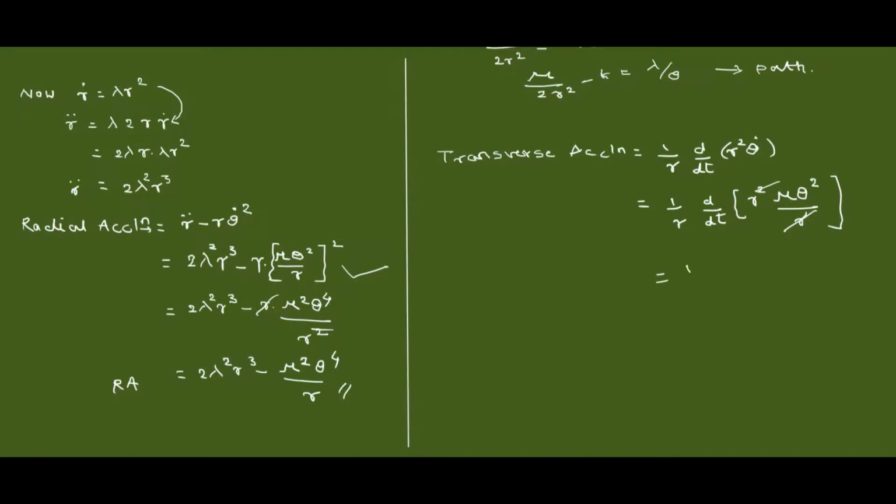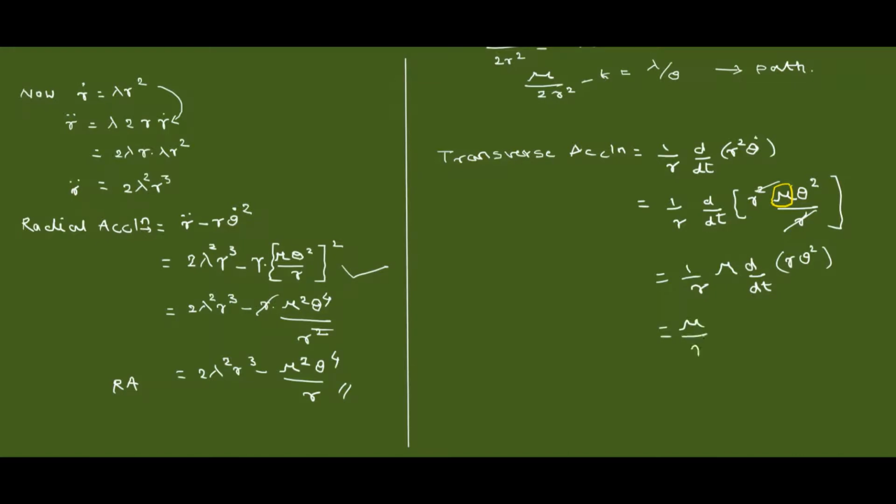So this is equal to 1 by r. This mu is constant, so therefore I will write that mu outside. Then what is the remaining term? d by dt of r into theta square.